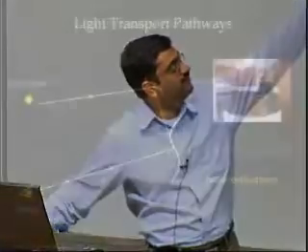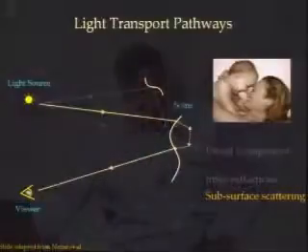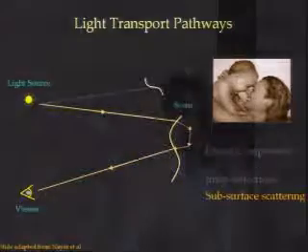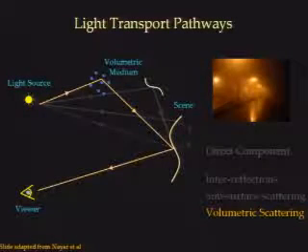So there's many mechanisms by which you have transfer of light from a source to the surface to the viewer. For example, it could be interreflections, right? So you have light rays bouncing between scene points, or it could be subsurface scattering, where you have light rays penetrating through the surface, scattering around, and then coming out of a different scene point. Or finally, you could have a volumetric medium.